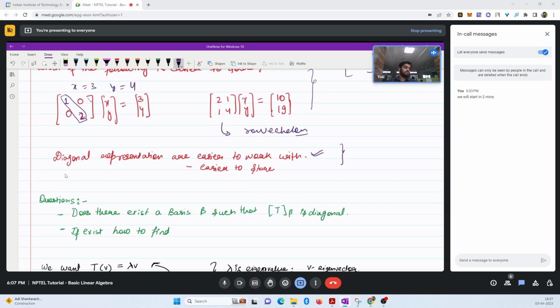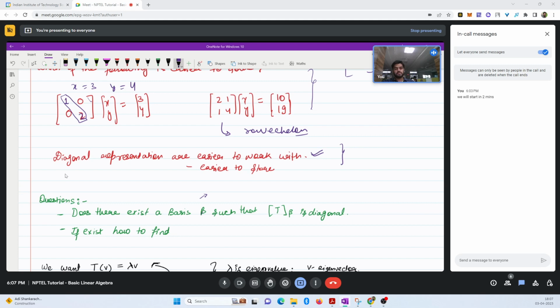So the question that we should be asking here is: does there exist a basis beta? Last time, in week 3, Professor Rana covered, and I also covered, that if you have different basis vectors, you will have different matrix representations for the same linear transformation, right?